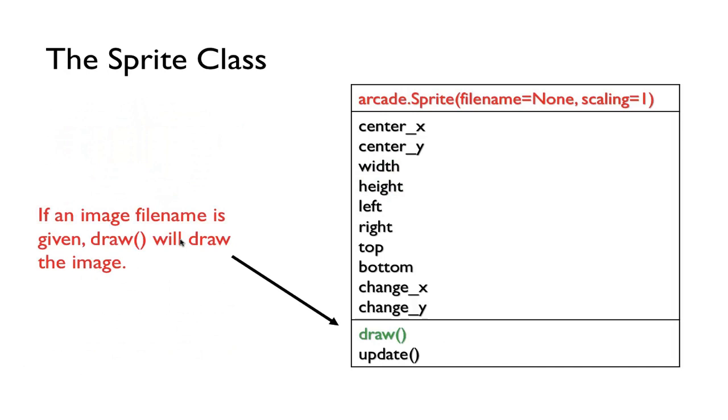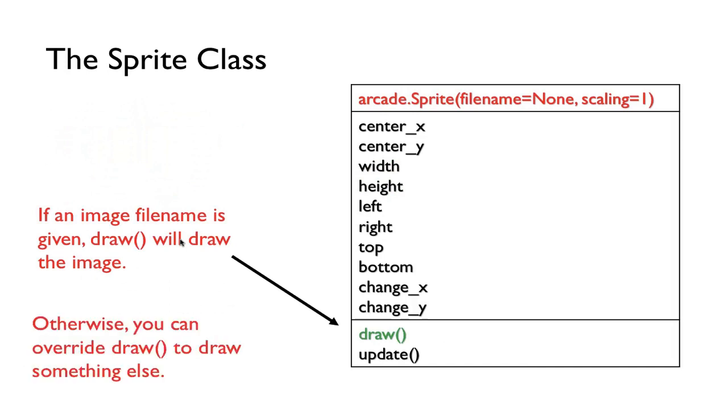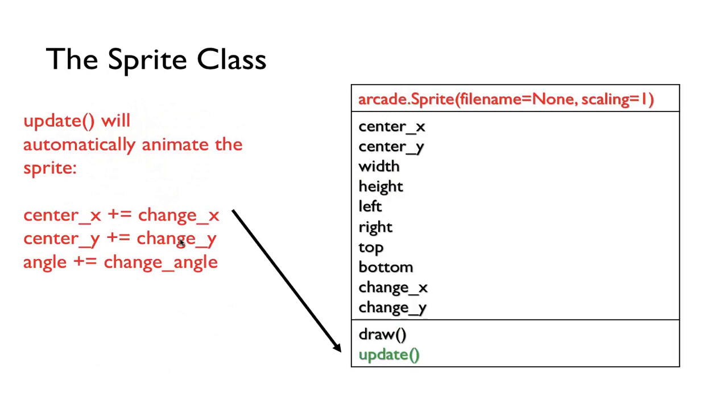The draw method is one of the methods from the class. It allows us to draw the image if an image file is specified. If we want to draw something else, we can also override the draw method. Finally, the update method will allow us to animate the sprite.